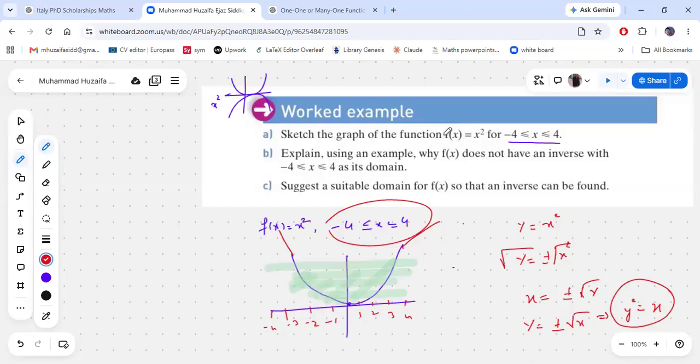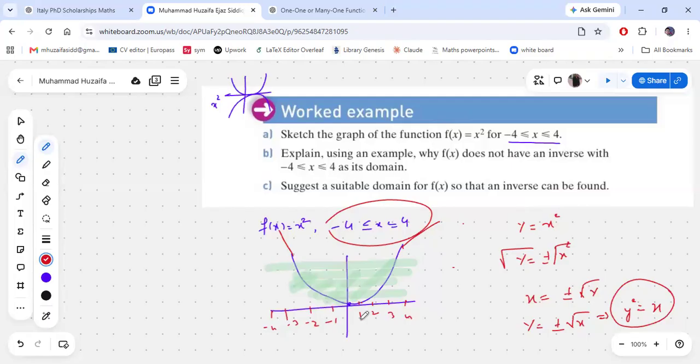And suggest a suitable domain for f of x so that the inverse can be found. What do you think about this one? What is a suitable domain?